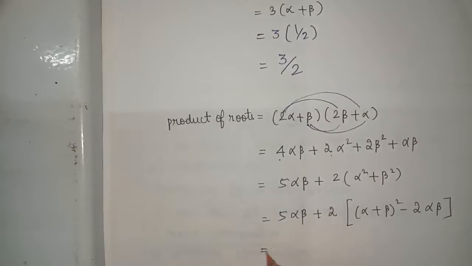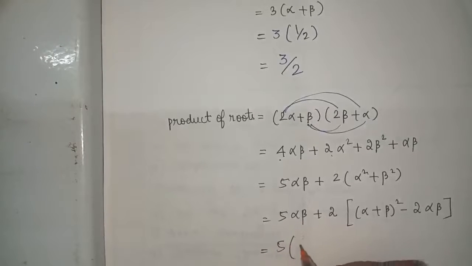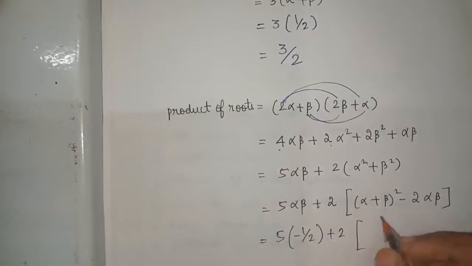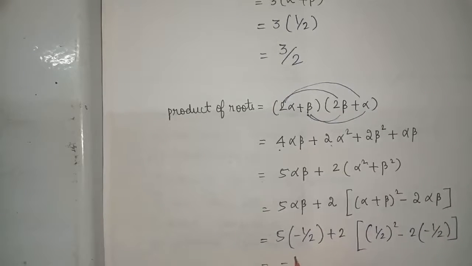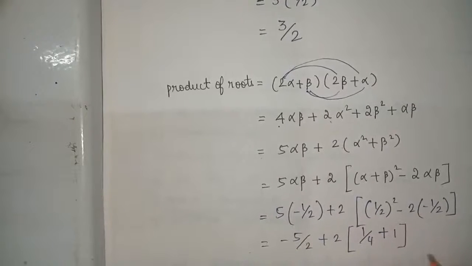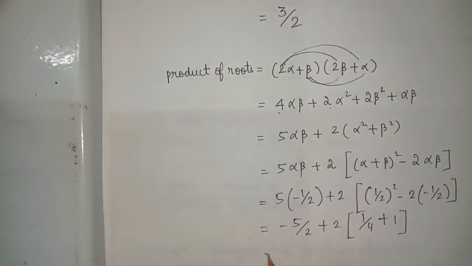Now you substitute the value of alpha beta and alpha plus beta. So 5 into alpha beta value is minus 1 by 2 plus 2 into alpha plus beta value is 1 by 2 the whole square minus 2 into again alpha beta value is minus 1 by 2. So which is equal to minus 5 by 2 plus 2 into 1 by 4 minus into minus plus 1.